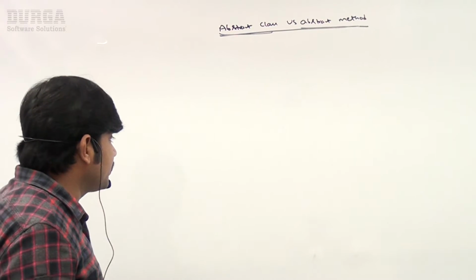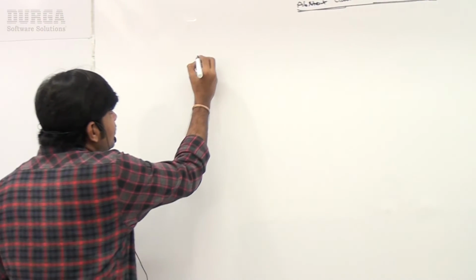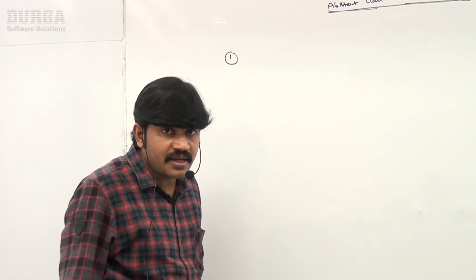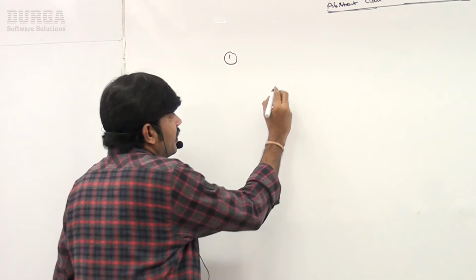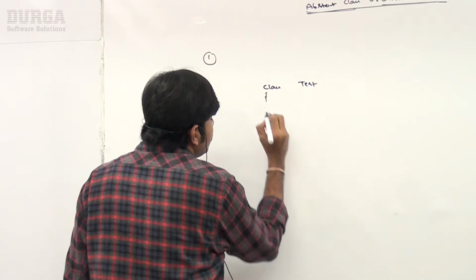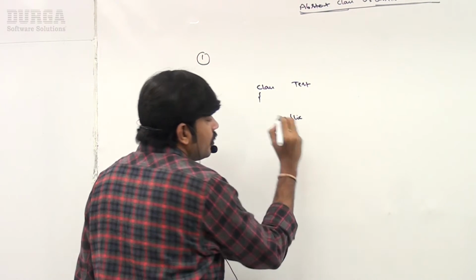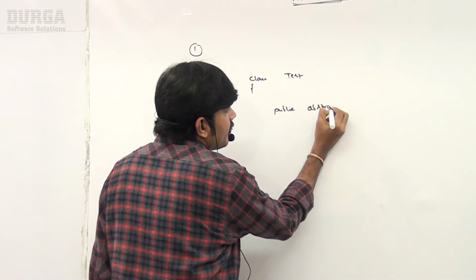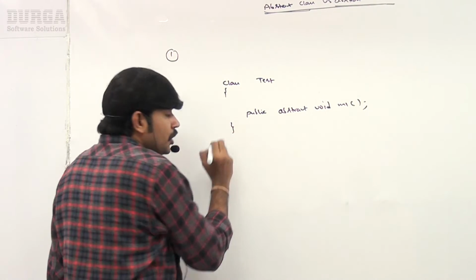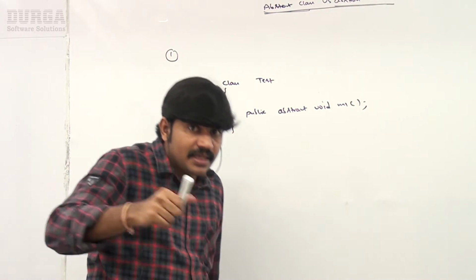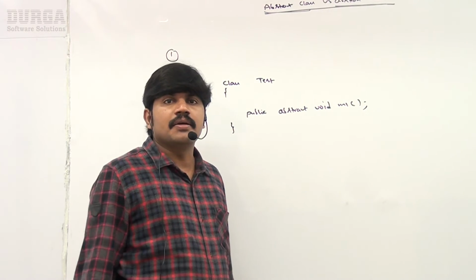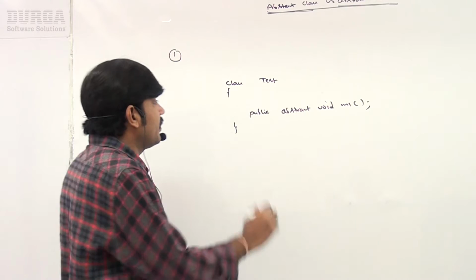Very, very important. Very, very dangerous point. Take special care, sir. If a class contains at least one abstract method, remember, I have one class, class Test. This Test contains one abstract method, public abstract void m1. If a class contains at least one abstract method, compulsory the class should be declared as abstract.